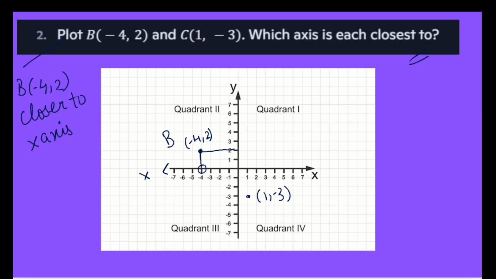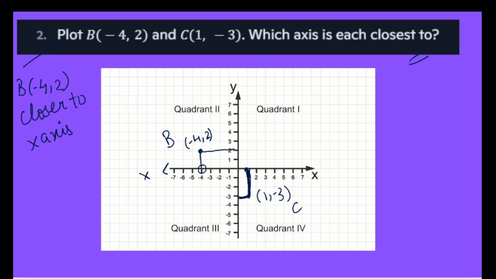Here, (1, -3). Sorry, 3 units away from the horizontal x-axis and 1 unit away from the vertical y-axis.